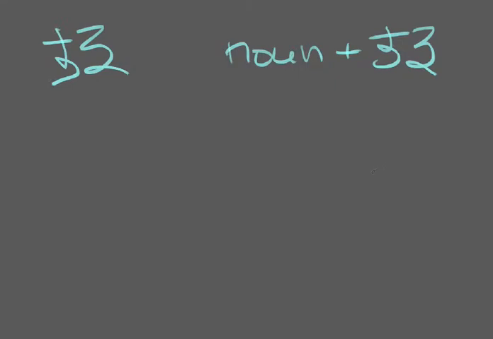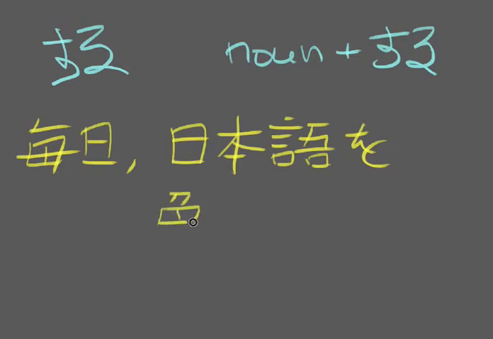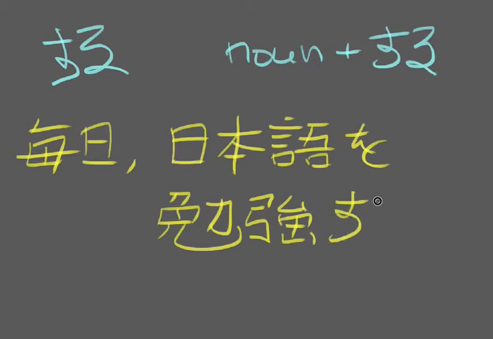So the first example is 毎日日本語を勉強する. So we've got the 毎日日本語を, we'll take two lines here, 勉強する.